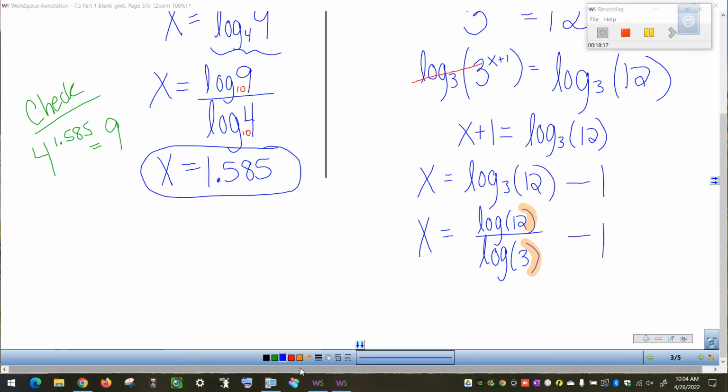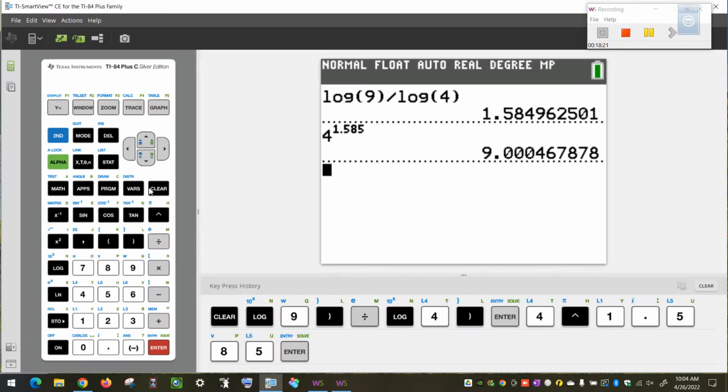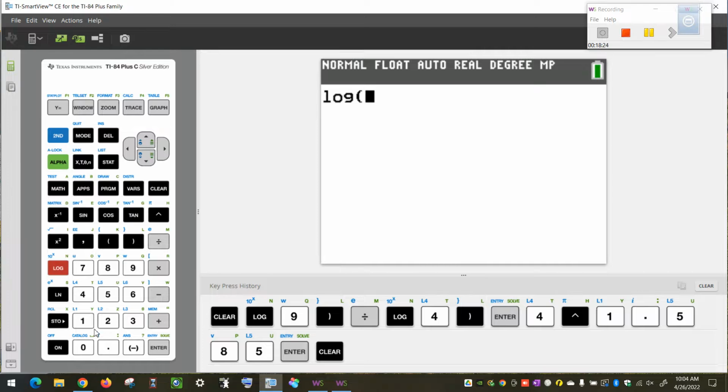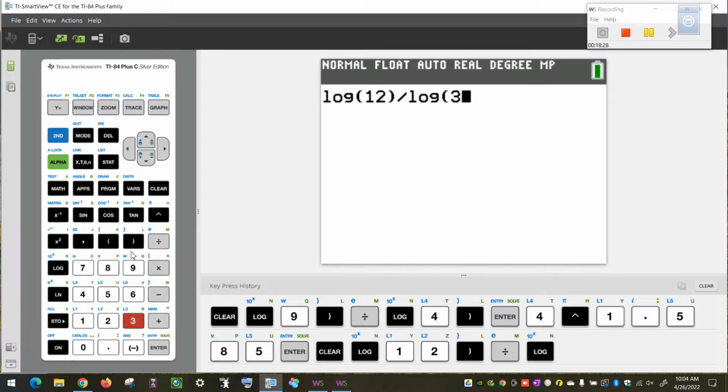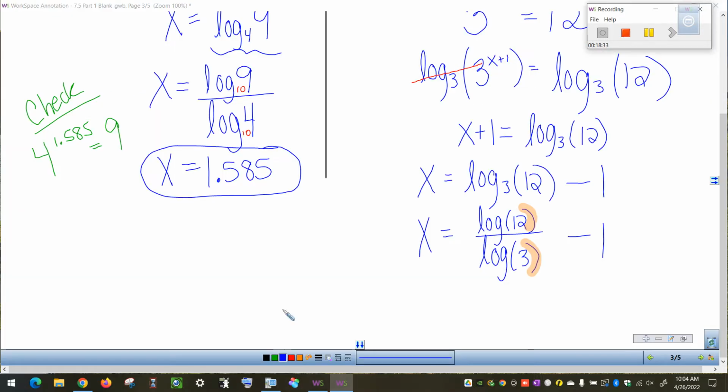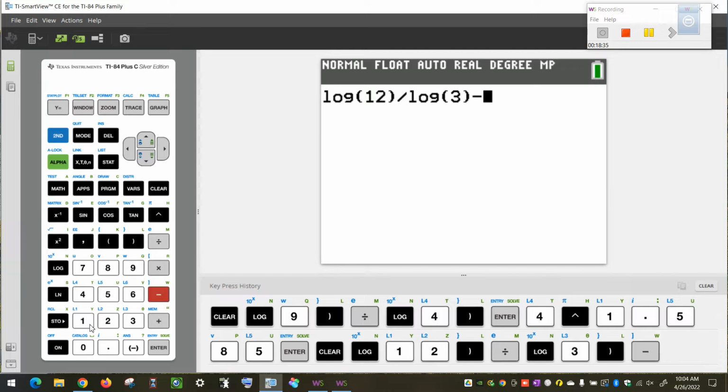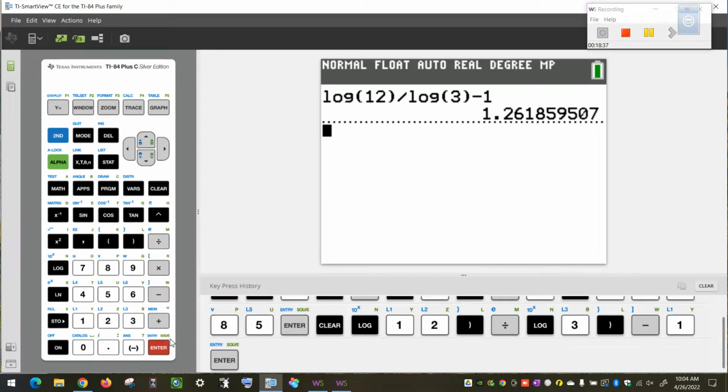If you're nervous about it, you can do pieces at a time and then subtract 1 separately. But here's what it could look like all together. So I'm going to do log 12, close the parentheses, divided by log 3, close that parentheses, then we have minus 1. Just like this. And our calculator gives us, it's about 1.26.